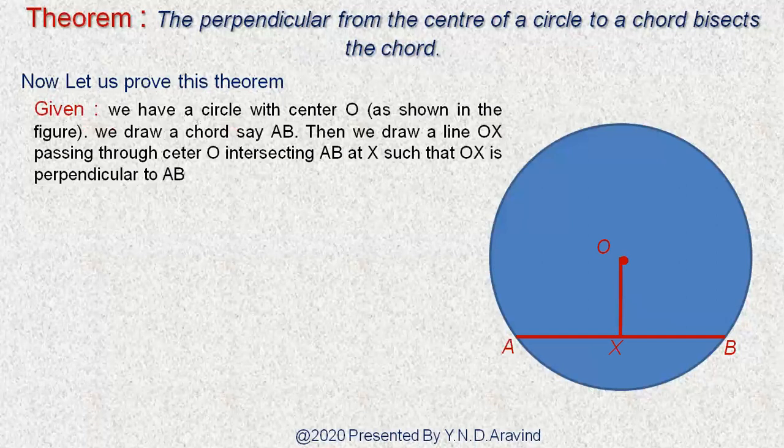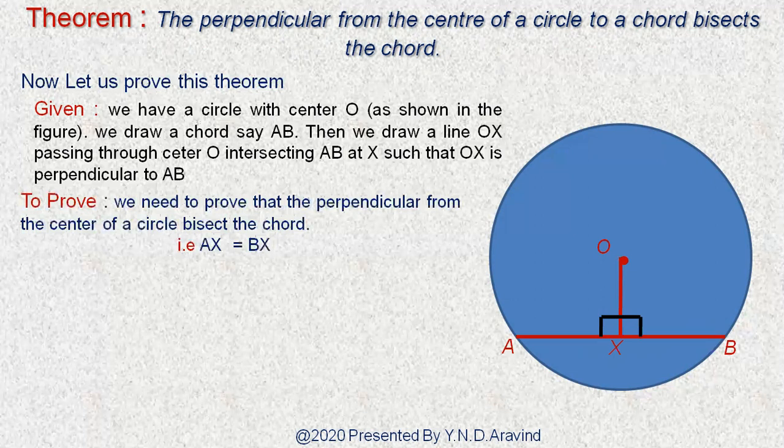Now, we have to prove that this perpendicular from the center of the circle bisects the chord. That is, AX is equal to BX. That is, length of this is equal to length of this. To prove this, now let us join OA and OB.